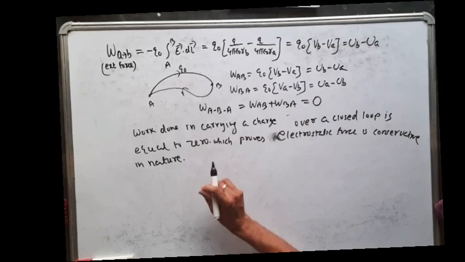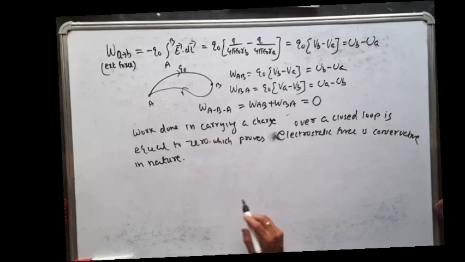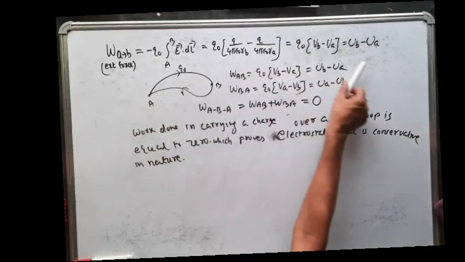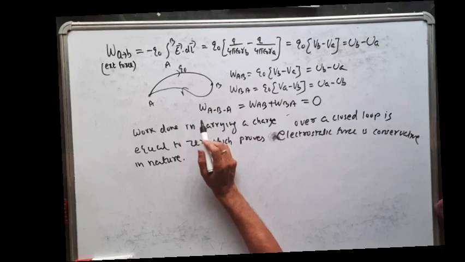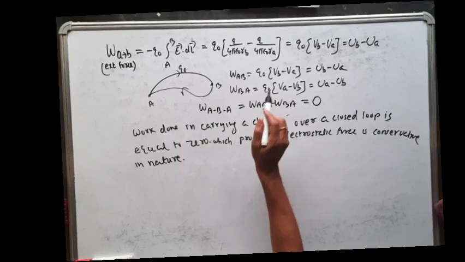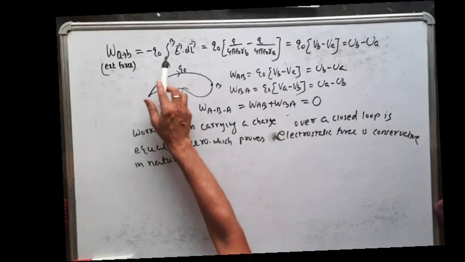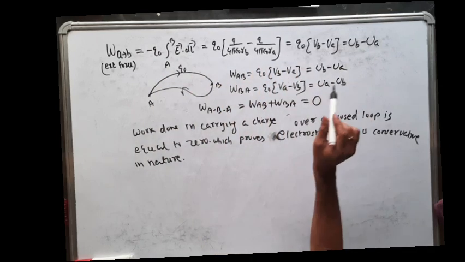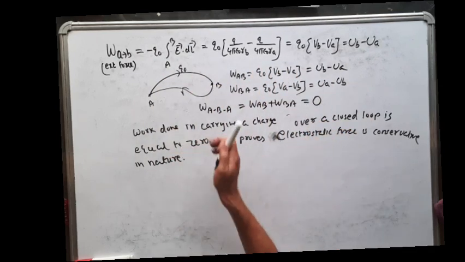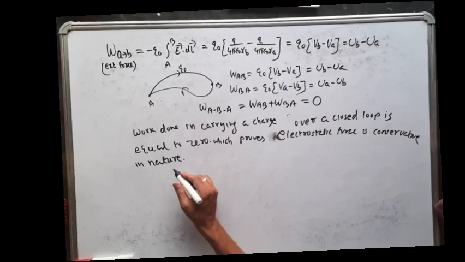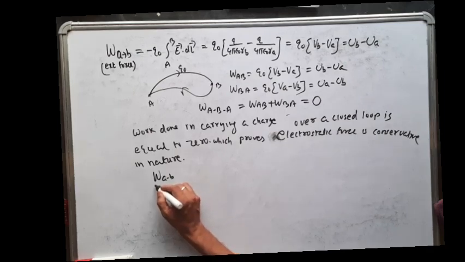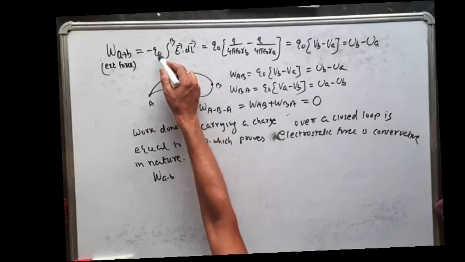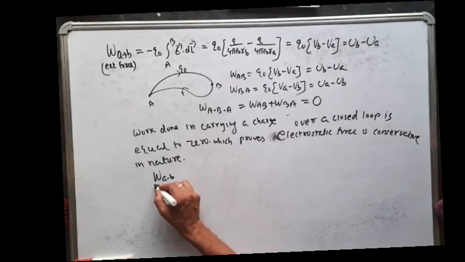So this is the derivation, or the proof, that the electrostatic force is conservative in nature. We have proved it. Now, the work done by carrying a q naught charge is equal to this. Then what is the work done per unit test charge? We can write the work done from A to B by carrying unit charge. For q naught charge, the work done is equal to this. For unit charge, the work done is WB by q naught.